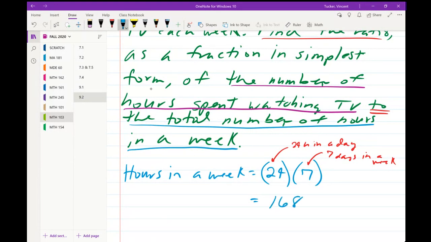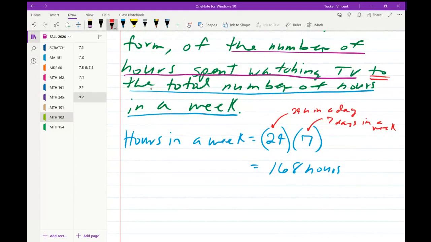That should be 168 hours. So the ratio that we're looking for is going to be that 21 over the 168. Remember, the number of hours spent watching TV as an eighth grader is 21 hours, and the total number of hours in a week is 168.